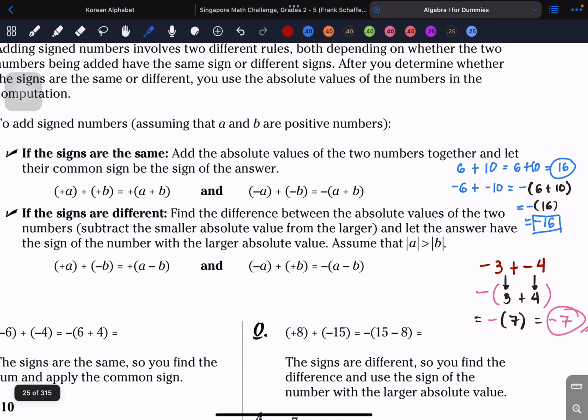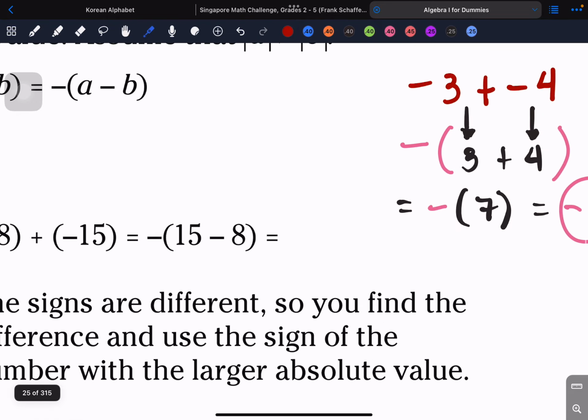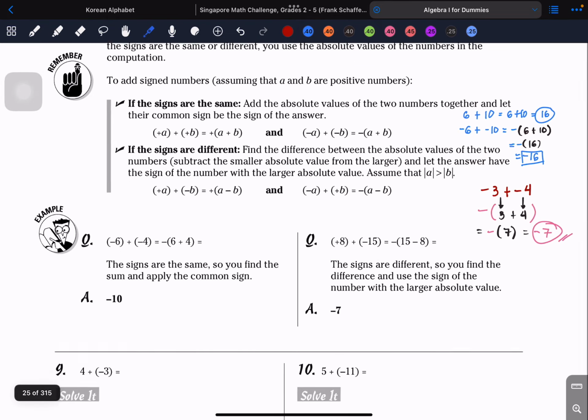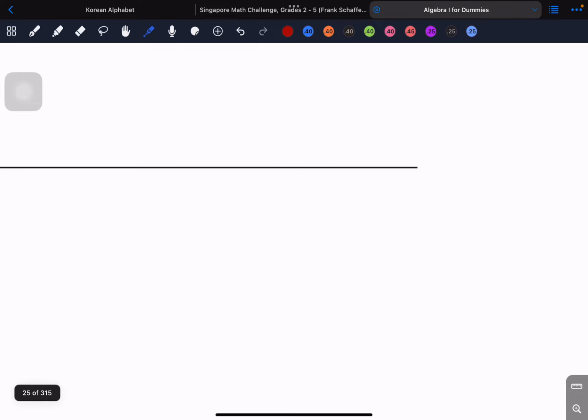O, halimbawa, meron kang negative 8 plus 15.